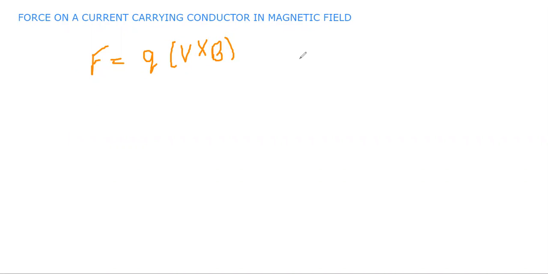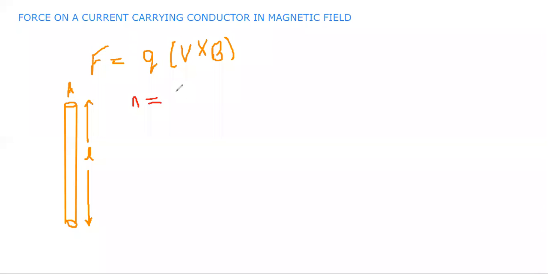Now suppose there is a conductor of length L, and let its cross sectional area be A. Let N be the electron density, which means electrons per unit volume.